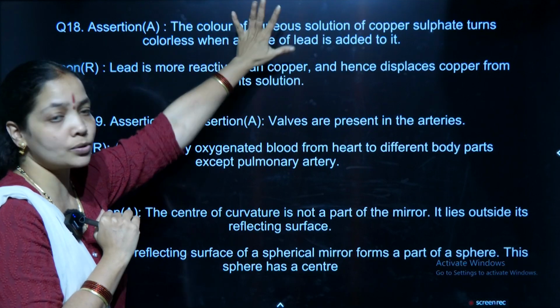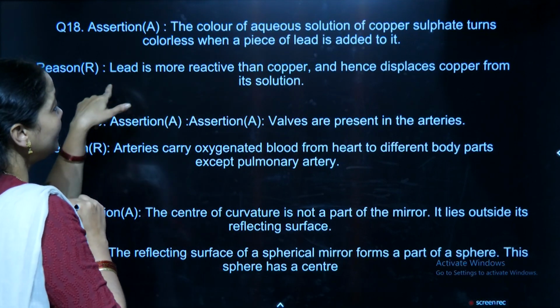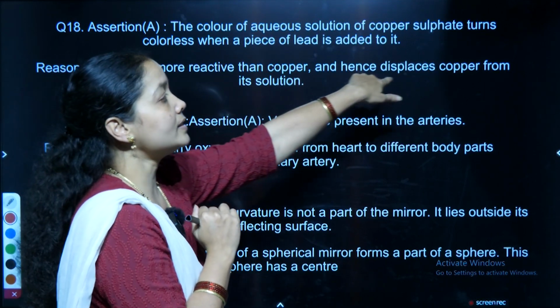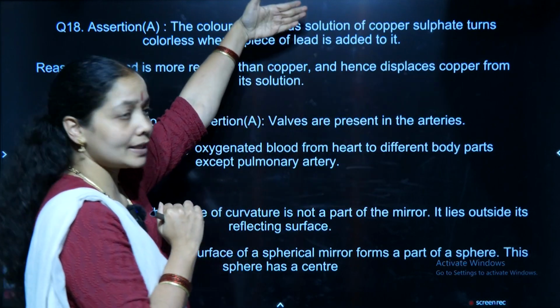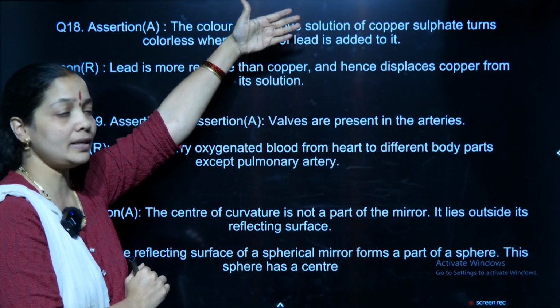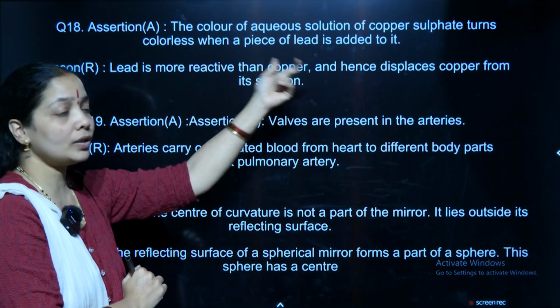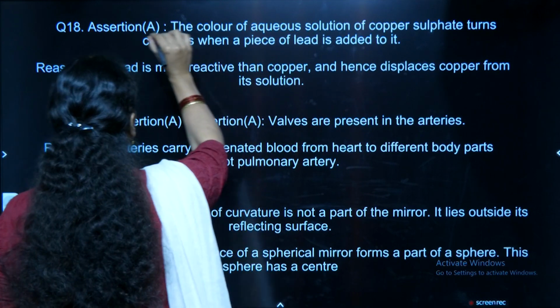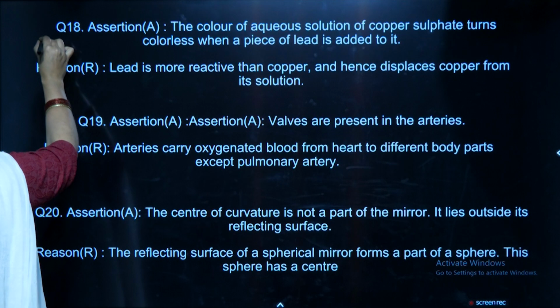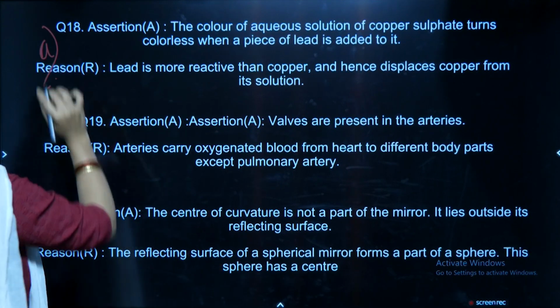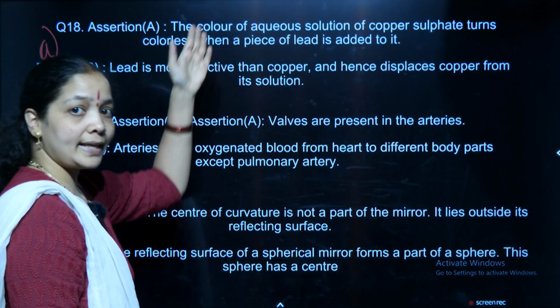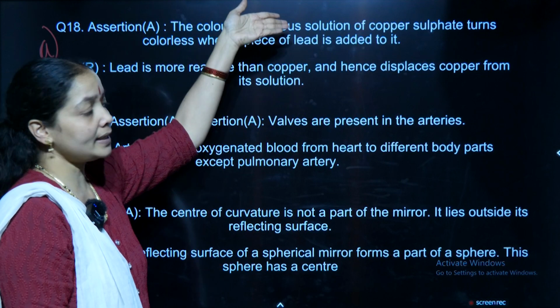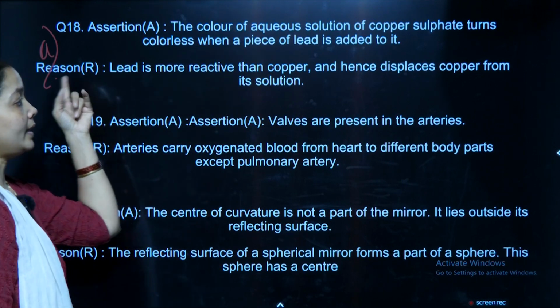This is absolutely true. Let us see the reason. Lead is more reactive than copper, hence displaces. Yes, for the reaction to happen, the lead should be more reactive, then only the reaction can happen. Hence I say for this 18th one, A will be the right option, that is assertion, reason both are true and the reason is explaining the assertion, so I'll go for option A.